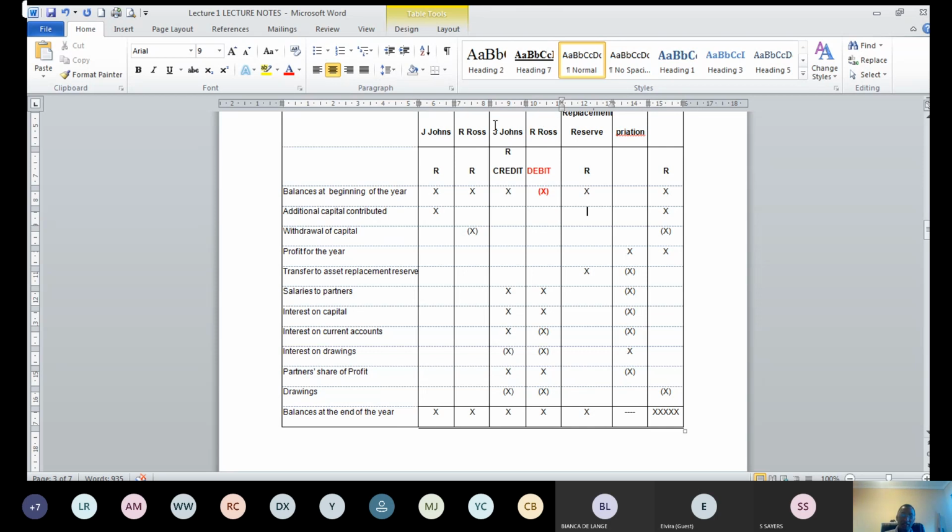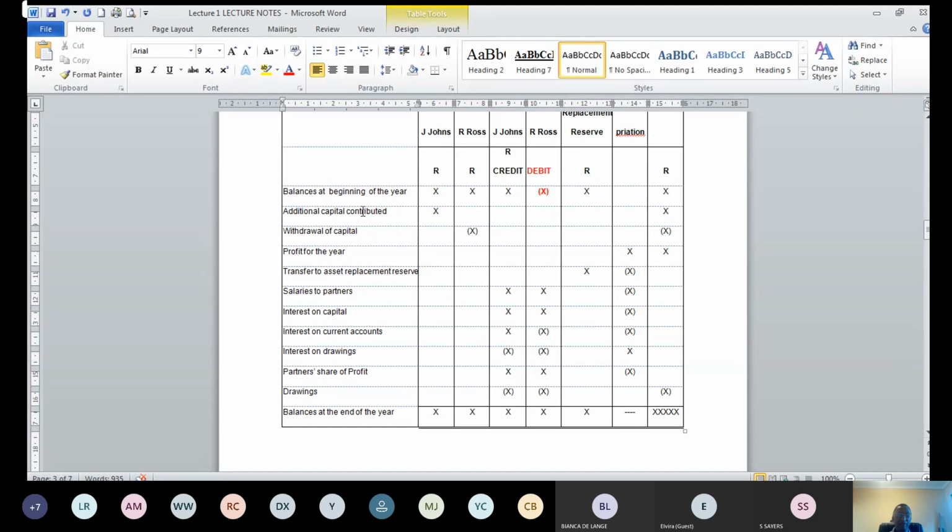Let me just summarize again. The current account of a partner can be debit or credit. A debit balance is a negative balance, must be indicated in brackets. A credit balance is a positive balance. The asset replacement reserve, just have that balance over there. That is as far as the opening balances are concerned, coming from the previous financial year.